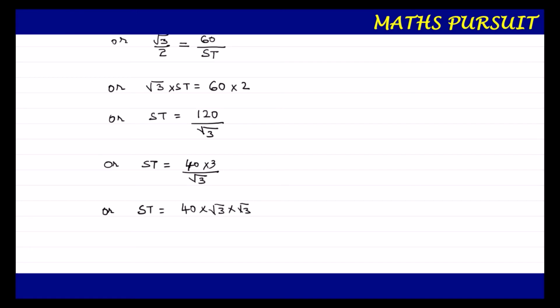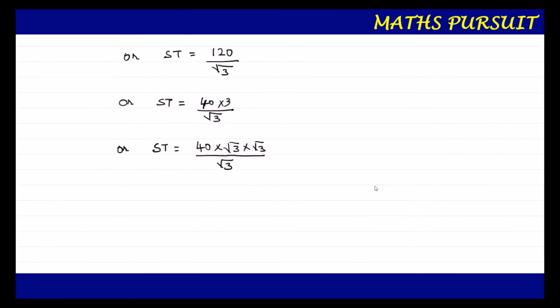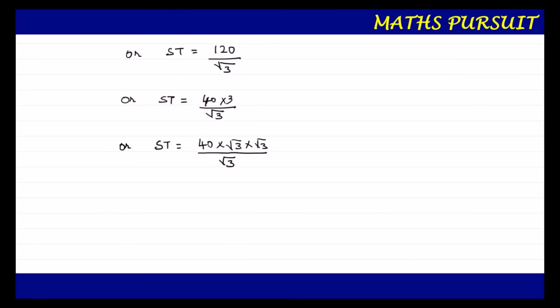Hope guys till here we are very clear. This root 3 cancels out, and I am left with 40 root 3.